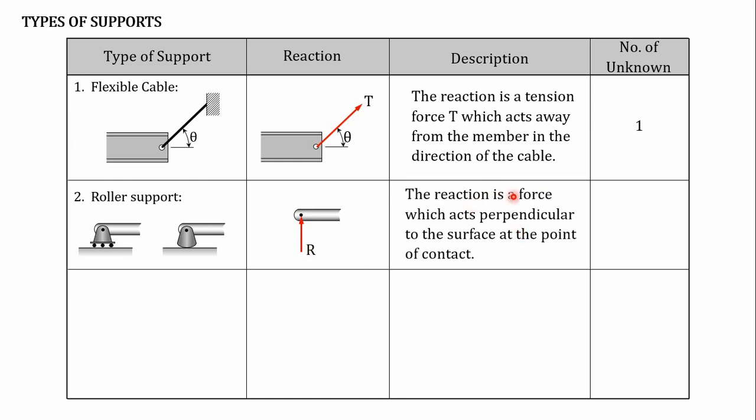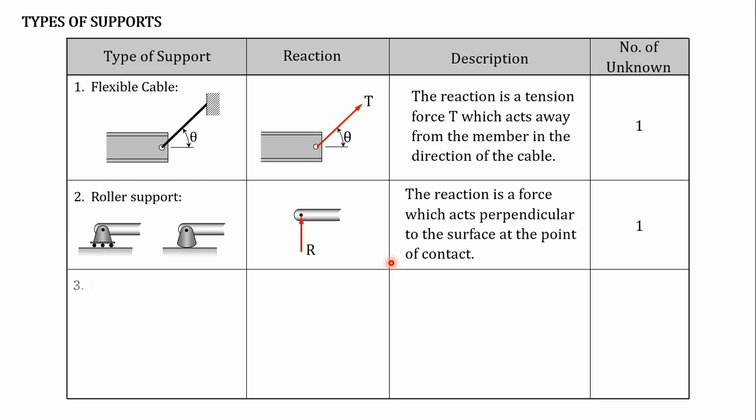The reaction is a force which acts perpendicular to the surface. Tandaan nyo ito class, to the surface at the point of contact. Ito yung surface natin class, kailangan perpendicular yung reaction niya class. Nakuha niyo ako class, no? So number of unknown is only 1.